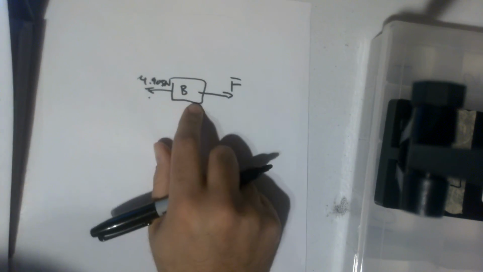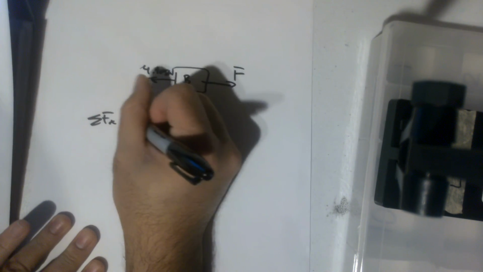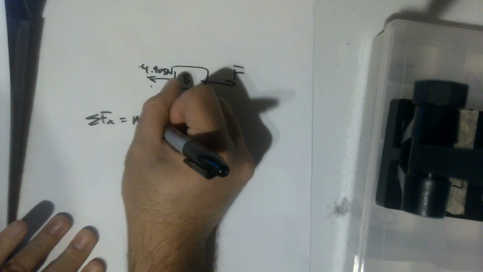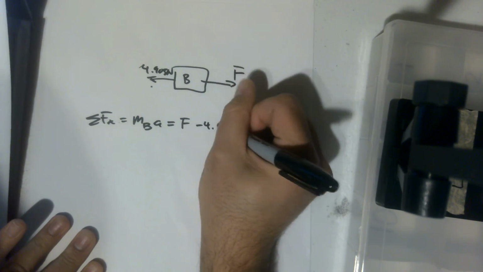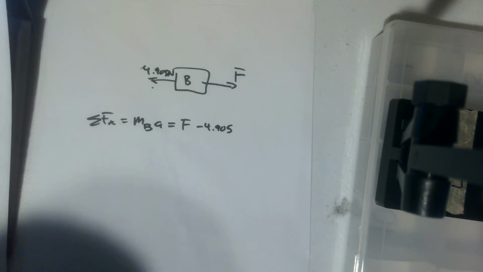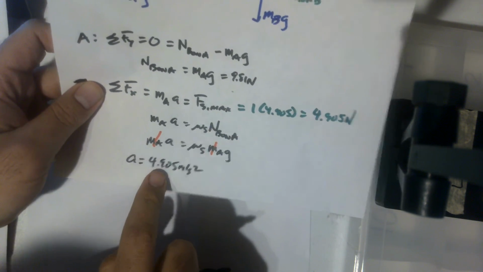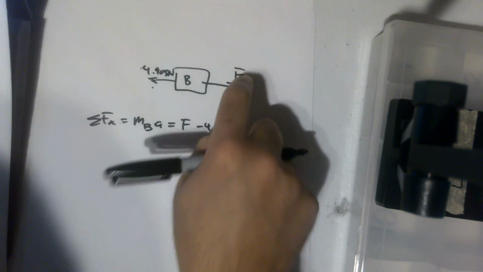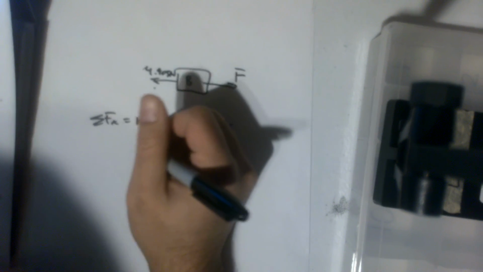Let's analyze the x direction here. Sigma F in the x direction equals mass of B times acceleration. There's your forward force. There's your reverse force. And essentially, we have already determined that if we accelerate at this rate, it slips. So that's going to determine how hard we can pull here. We're going to allow you to accelerate at 4.905.